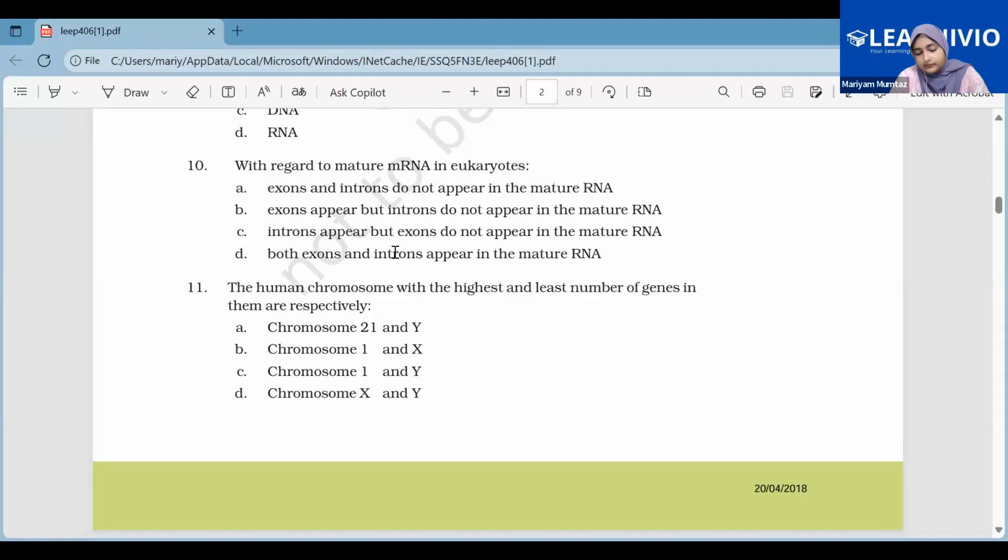What is the removal of introns called as? It is called splicing. Splicing. Okay, the human chromosomes with the highest and the least number of genes are?